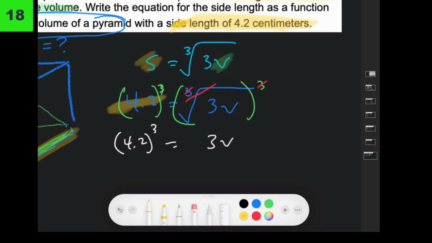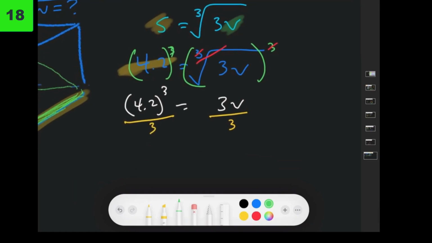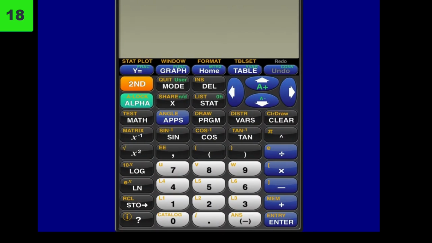I like to leave it at the end. I call it a calculator-ready equation. Here, my 3's will cancel because 3 divided by 3 is 1. I'm going to be left with v equals 4.2 caret to the third power.